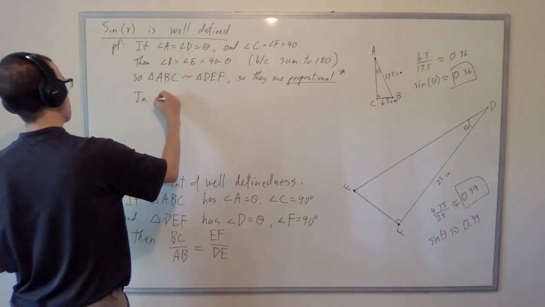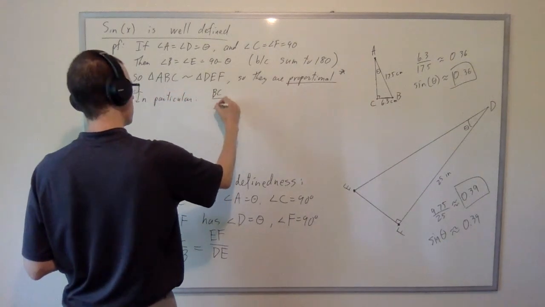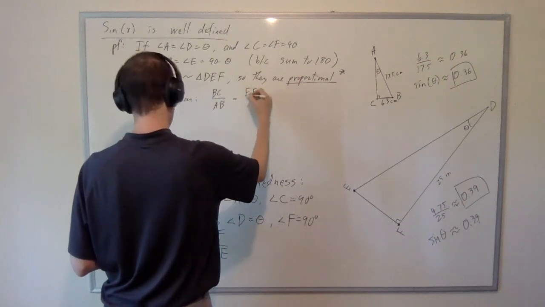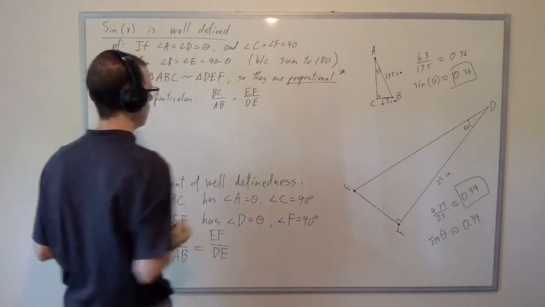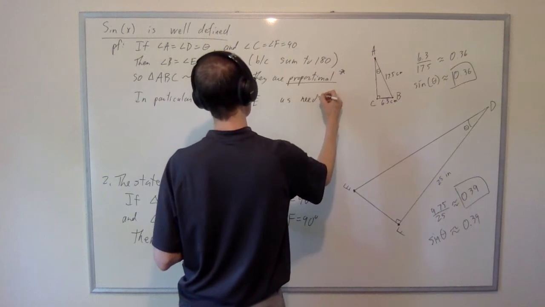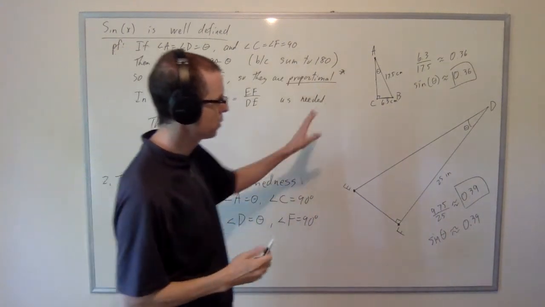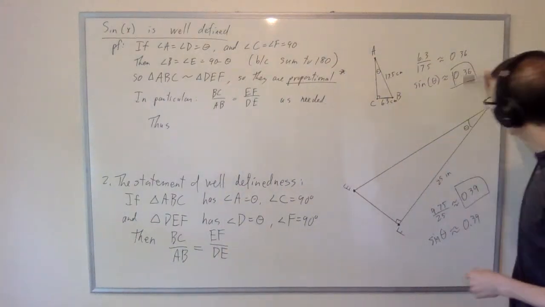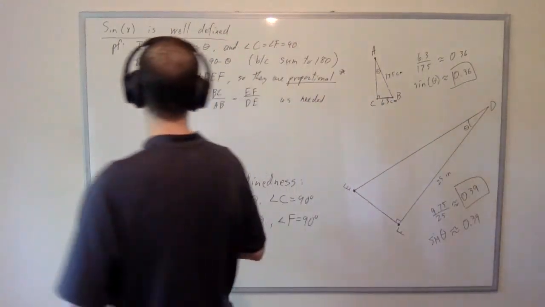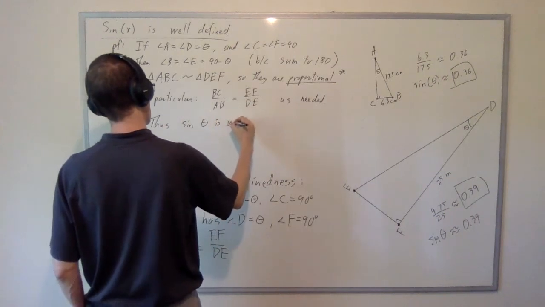So in particular, we have this ratio of sides, BC over AB, is going to agree with this other ratio of sides from the other triangle, EF over DE, as needed. And what can we conclude from this? We can conclude the only possible explanation for the two slightly different answers here was measurement error in my calculation or drawing error in the way that I produced the figures. So thus sine theta is well defined.